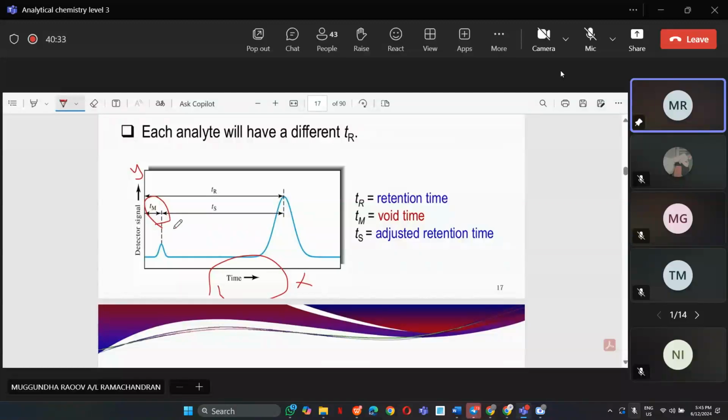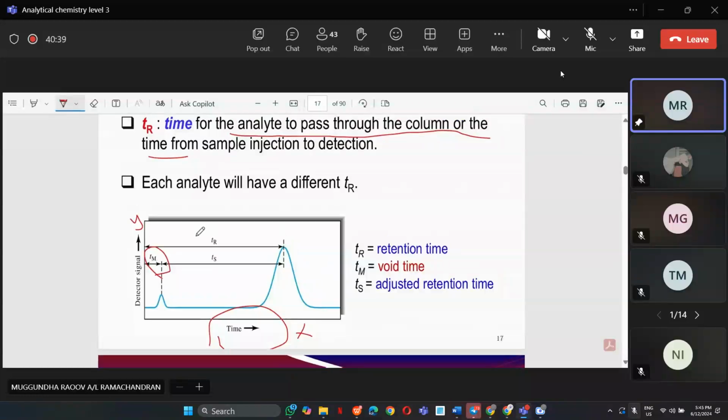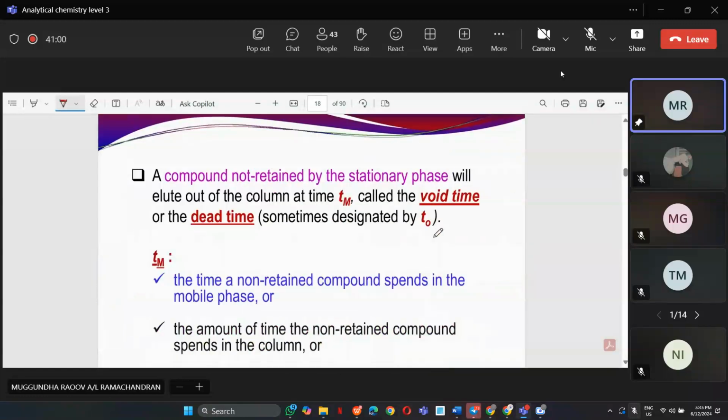In GC we usually can't find unretained peaks, but in HPLC we can get this void peak. Each analyte will have a different retention time. Later, when we do the calculation, we will understand things better.